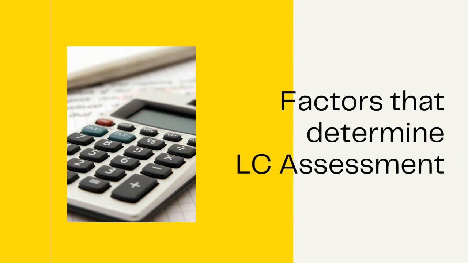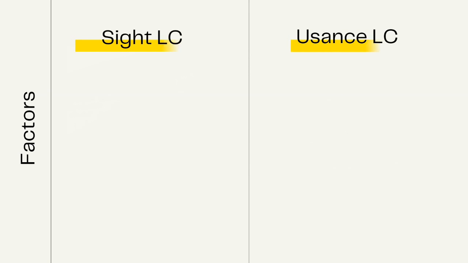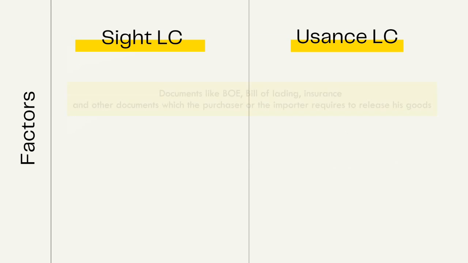First, let's start with some important factors in the calculation of LC limit: usance LC and sight LC. Assessment of LC primarily depends on whether it's a usance LC, that is, delivery against acceptance, or sight LC, that is, delivery against payment, meaning the timing of handover of documents by the banker to the importer.